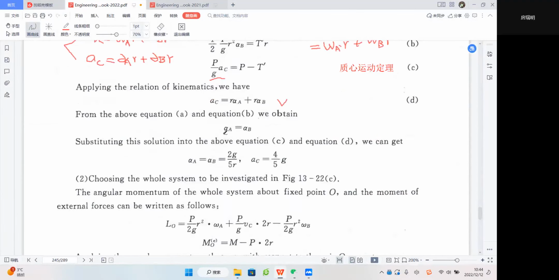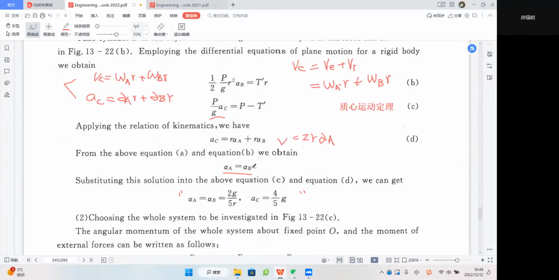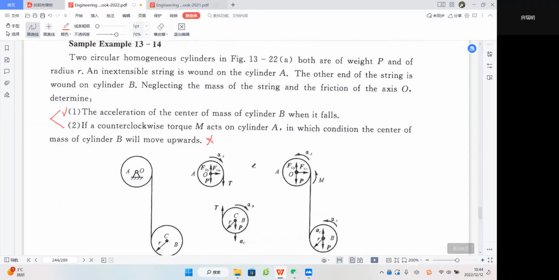So we will easily find that alpha A equals alpha B. Then we can find the final answer: alpha A equals alpha B equals 2g over 5R, and AC equals 2R alpha A. So we times 2R, eliminate R, and we have 4 over 5 g, that is AC. See, this is the second example of the differential equations of plane motion of a rigid body.